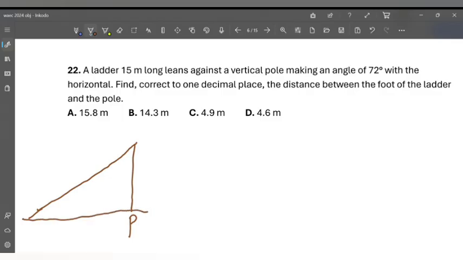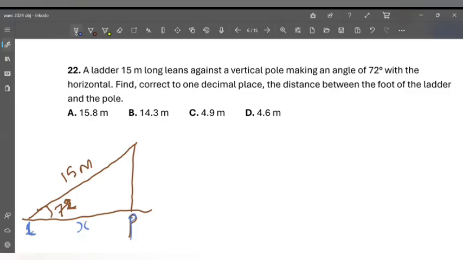We are told that this ladder makes an angle of 72 degrees when leaning against the wall, and that the length of the ladder is 15 meters. Find the distance between the foot of the ladder and the pole. So what they're asking us to find is the distance from this point where the ladder starts to point P where the pole is. I'm going to call this distance X.